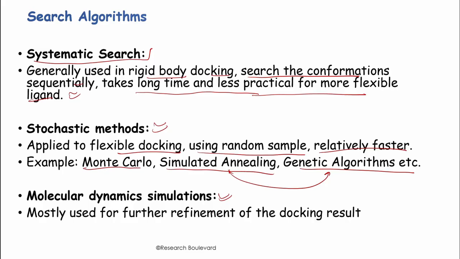So what are the scoring functions available? We have the force field based, which is ab initio based, so it will calculate from the very start, and it uses non-bonded terms from classical molecular mechanics force fields. And you have the knowledge based. It uses the statistical observation of intermolecular contacts identified from structured databases.